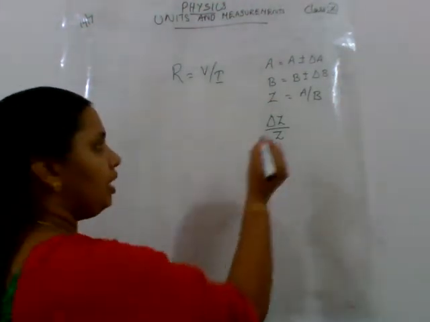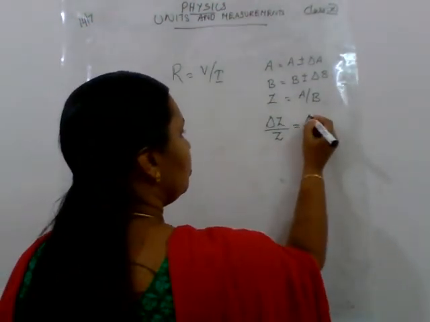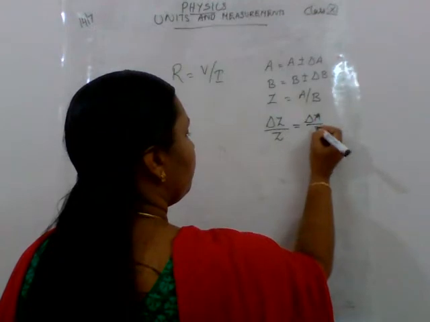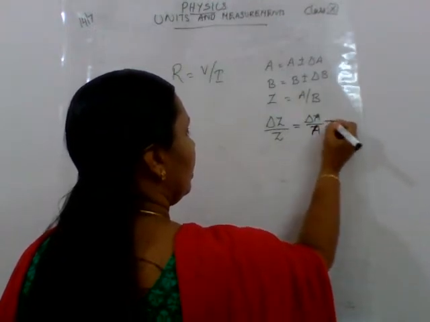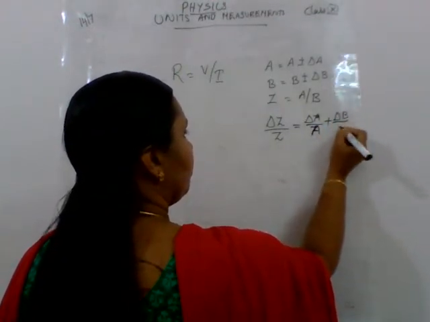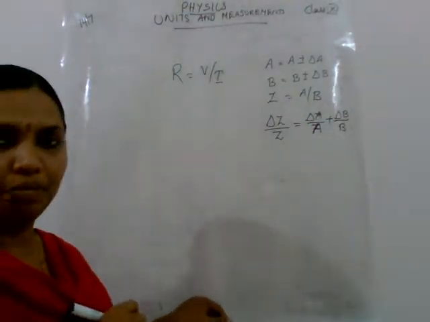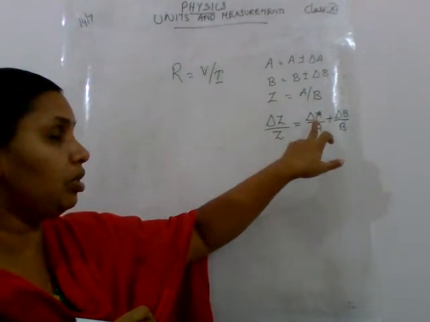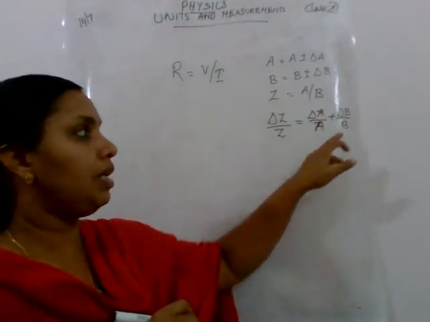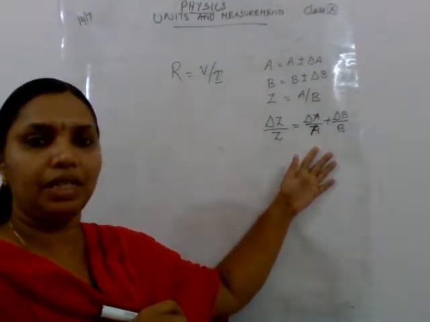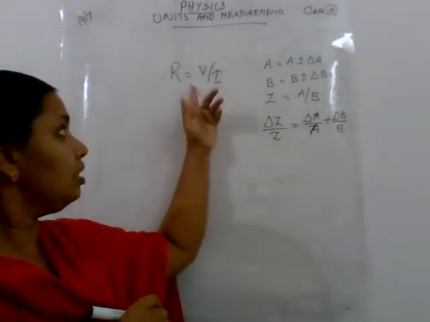The relative error will be equal to the sum of the relative errors. Delta Z by Z is equal to delta A by A plus delta B by B. So that is the quotient.